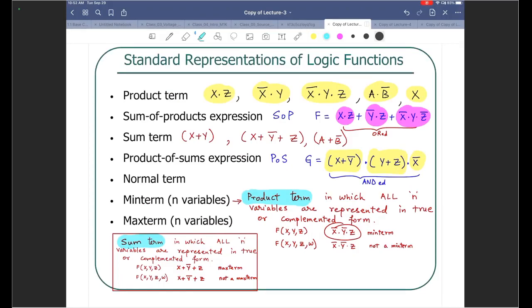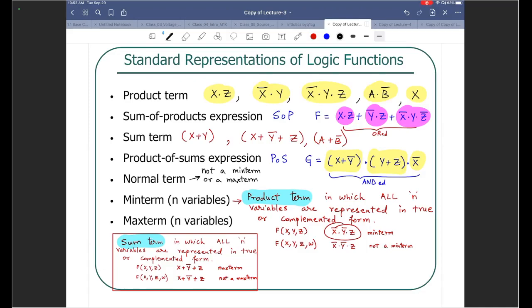Now, let's go back to the normal term. What is a normal term? Well, a normal term is a term which is not a minterm or a maxterm. As simple as that. It's called a normal term. So any logic expression will consist of either product terms or sum terms or minterms or maxterms or normal terms.